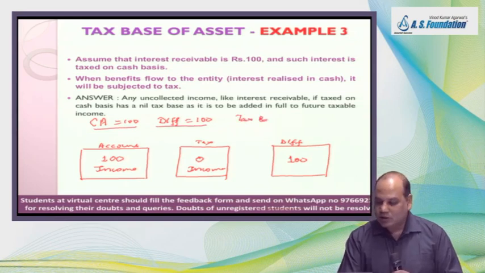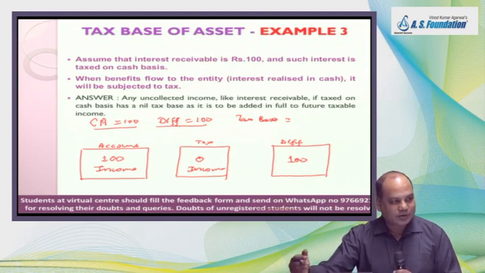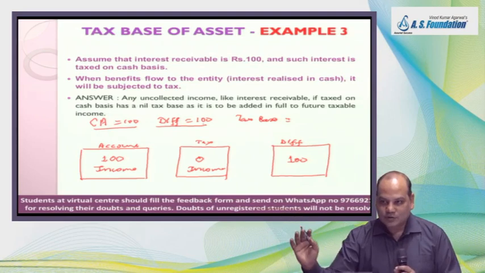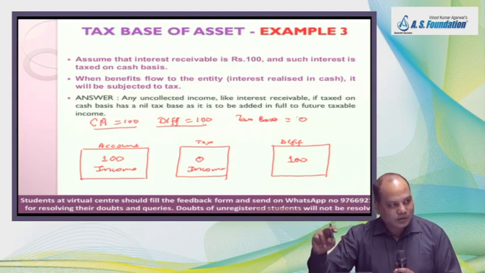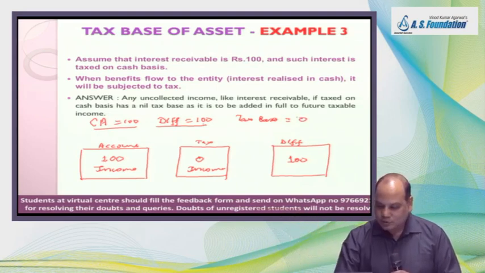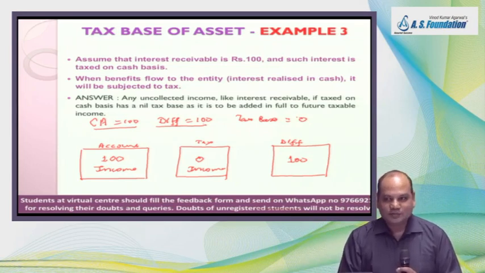If carrying amount is 100 and difference is 100, so what will be the tax base? Tax base equation is carrying amount minus tax base is equal to difference. So if difference itself is 100, the tax base has to be 0.